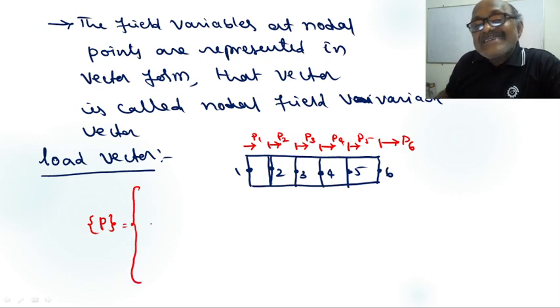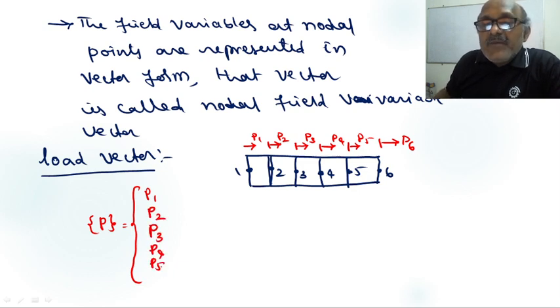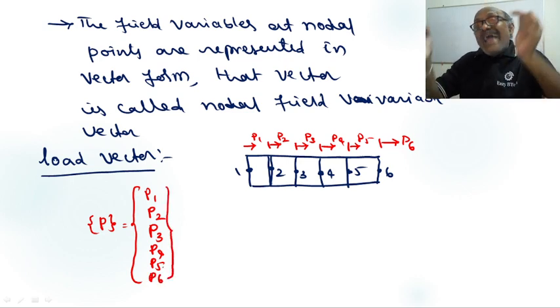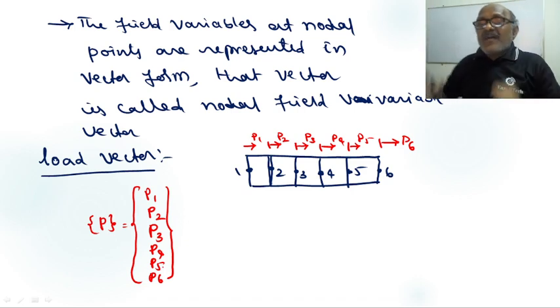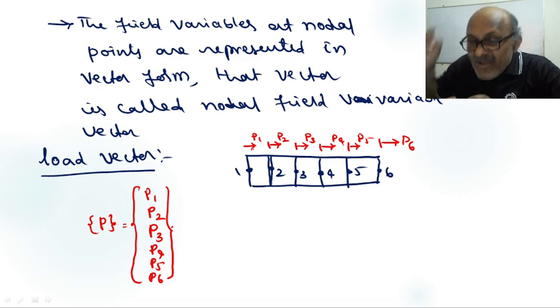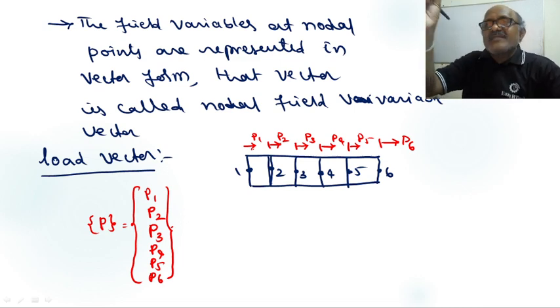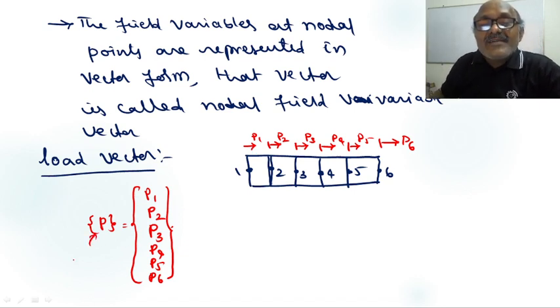The loads acting at nodal points, that is P1, P2, P3, P4, P5, P6, are represented in vector form. That is called a load vector. Whatever loads act at nodal points, that are represented in vector form, is called a load vector, my dear students.